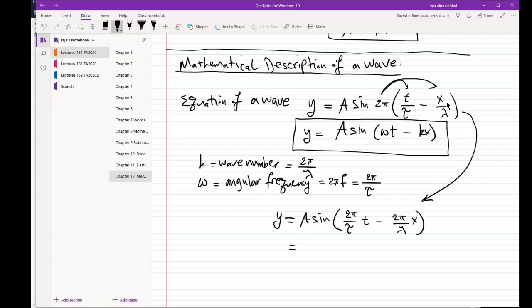And as you can see, it's right there. This is basically, 2 pi over lambda is k, and 2 pi over tau is omega. See that? So I can just write it as A sine omega t minus kx. Honestly, if you don't like my version, that's fine. You can just stick with the book. It doesn't really matter.